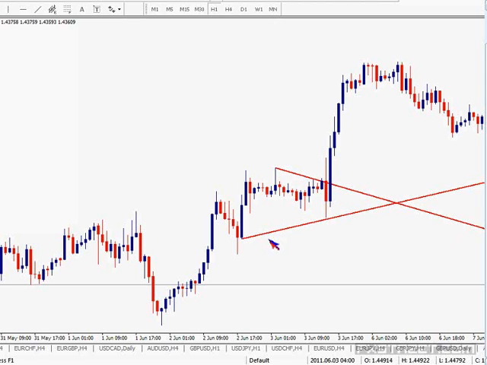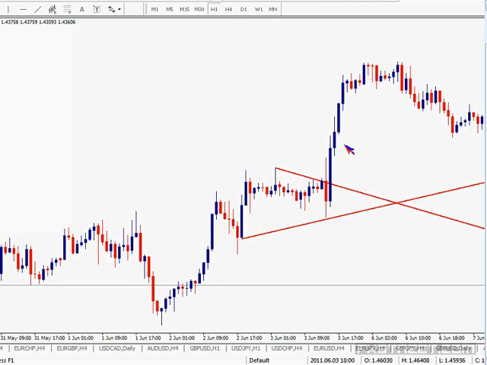But if you take a look, you will notice that usually the movement inside the triangle develops in either 3 or 5 legs. One to the upside, one to the downside, another to the upside, another to the downside, and finally back to the upside. That is 5 movements. You will notice that also.